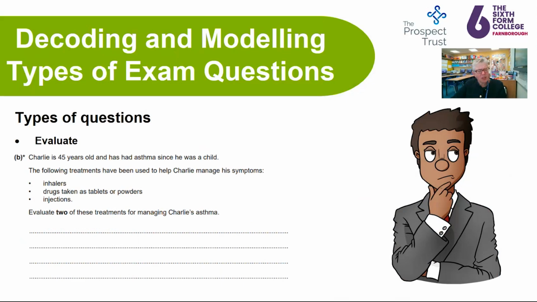One type of question that students do find tricky sometimes is evaluate. Evaluate, you're giving the pros and the cons. So here, Charlie's 45 years old and has had asthma since he was a child. The following treatments have been used to help Charlie manage his symptoms. You're evaluating 2 of these treatments for managing Charlie's asthma.